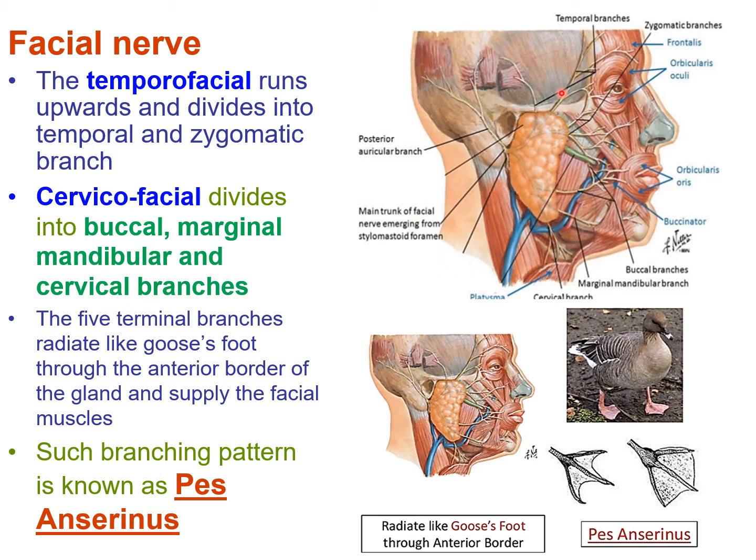The temporofacial runs upwards and divides into temporal and zygomatic branches, whereas the cervicofacial or inferior trunk divides into buccal, marginal mandibular and cervical branches. The 5 terminal branches radiate like a goose foot through the anterior border of the gland and supply the facial muscles. Such a branching pattern is known as pes anserinus.